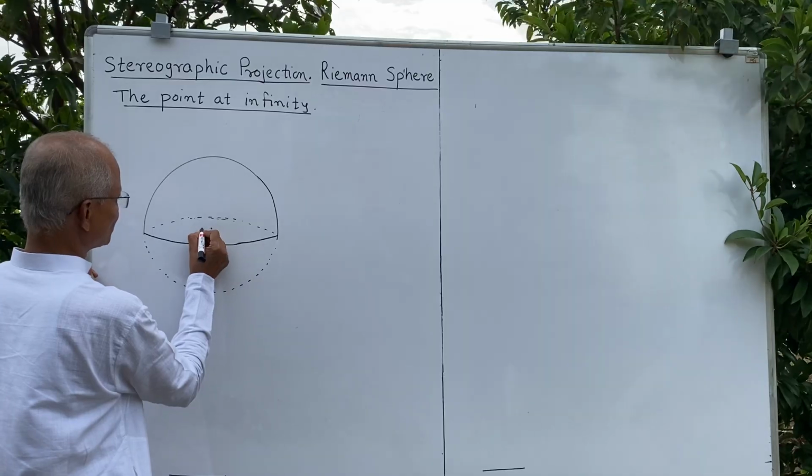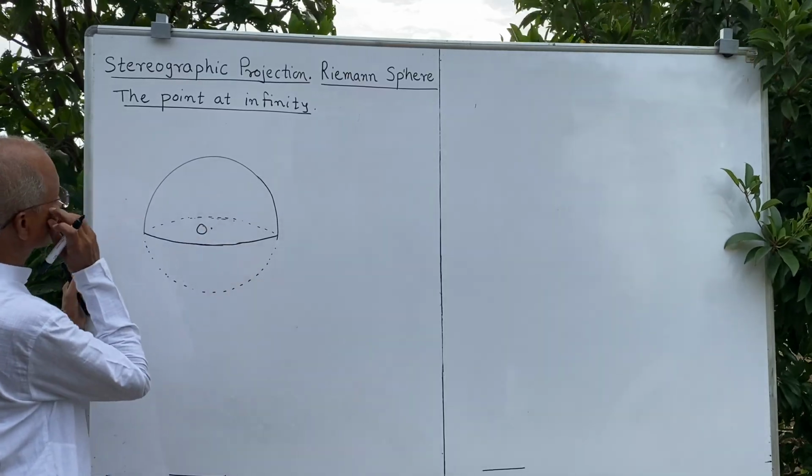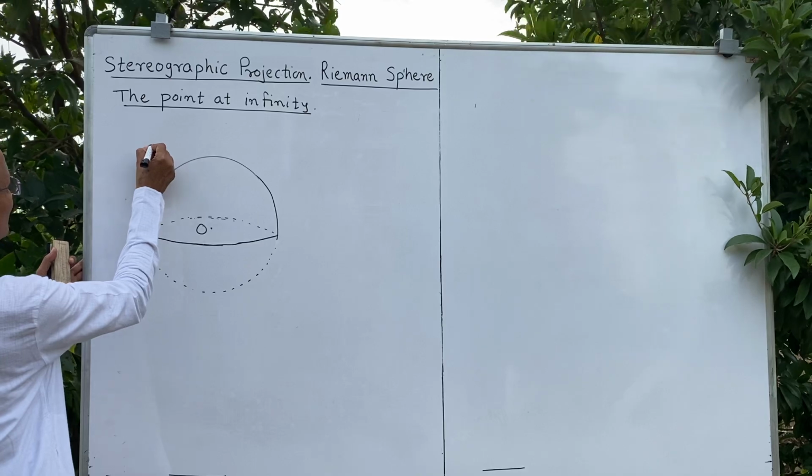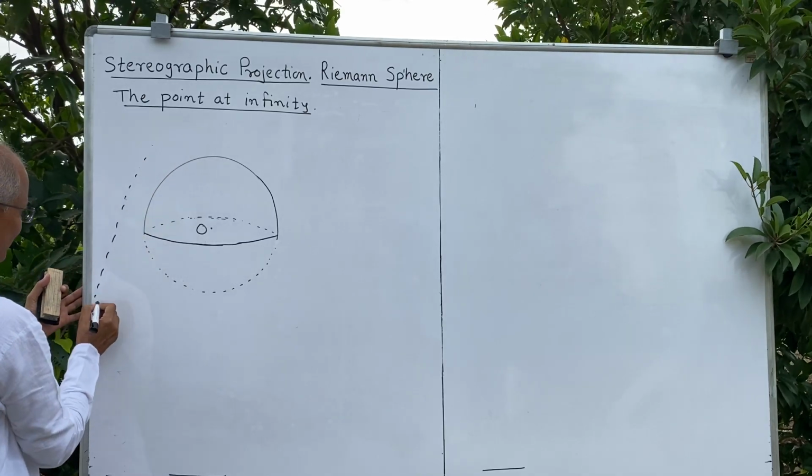This is the origin, and we shall draw a complex plane like this. We will have a bigger plane.